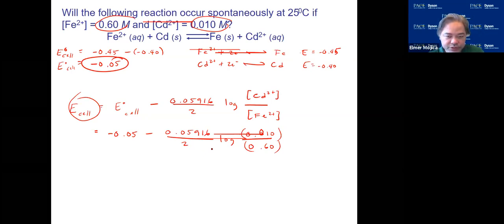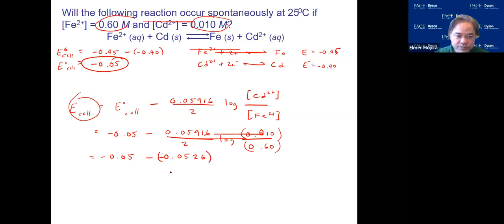Log 0.01 divided by 0.6. I get a negative times 0.05916. Is this what you get? Yeah, that's what I got.